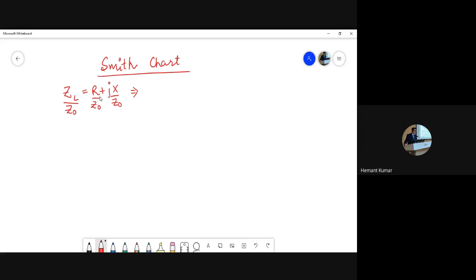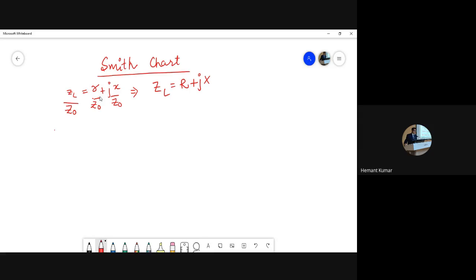After division, we take small letters, so ZL becomes r plus jx, right?